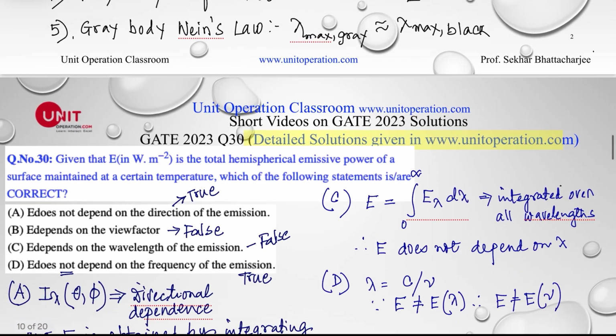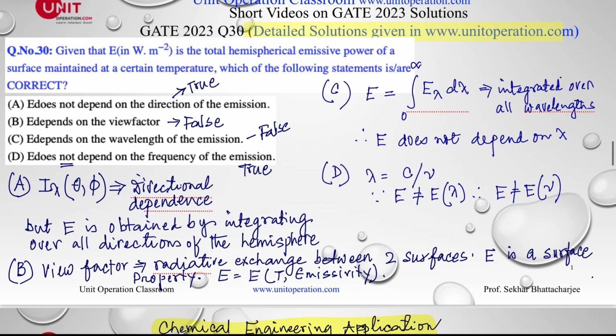Okay, now let us answer the question. Given that E is the total hemispherical emissive power of a surface maintained at a constant temperature. First one: E does not depend on the direction of emission. As we said, E is the integral from 0 to infinity of E lambda d lambda.